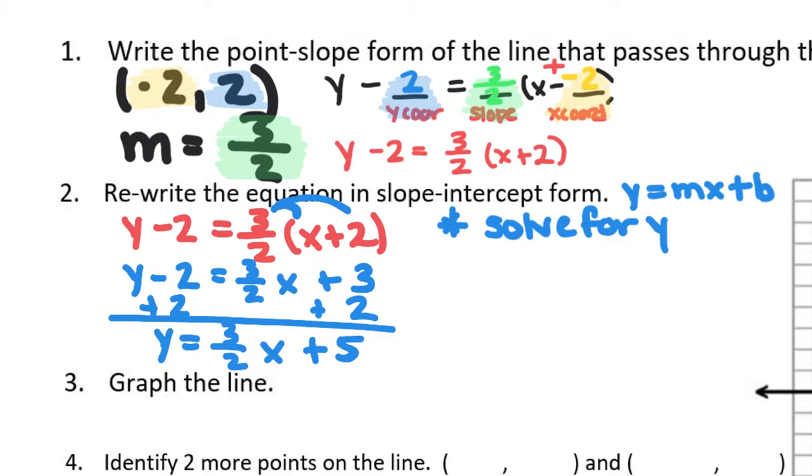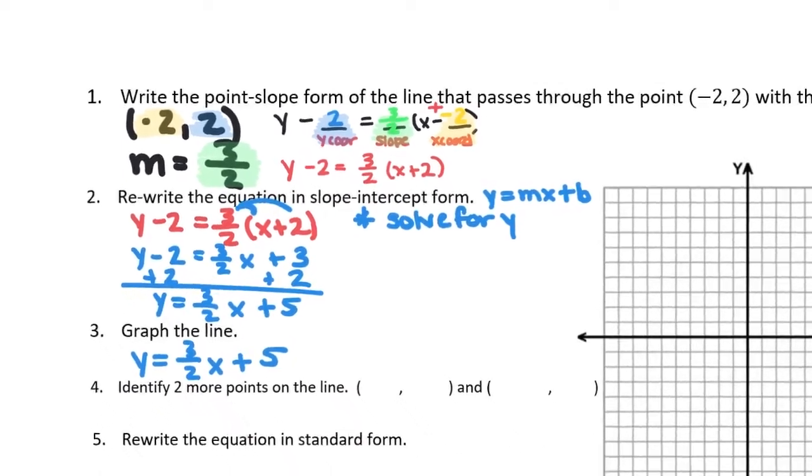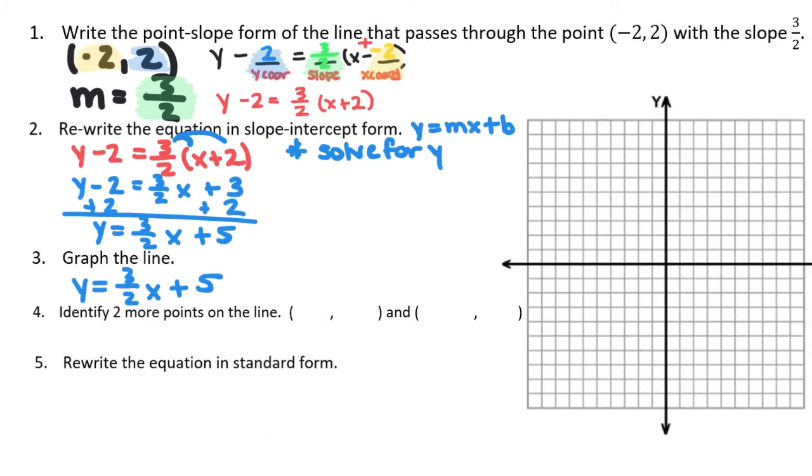Now using this information, we need to graph the line. So if my equation is y equals 3/2 x plus 5, and now I want to graph, we know that the form is always y equals mx plus b.